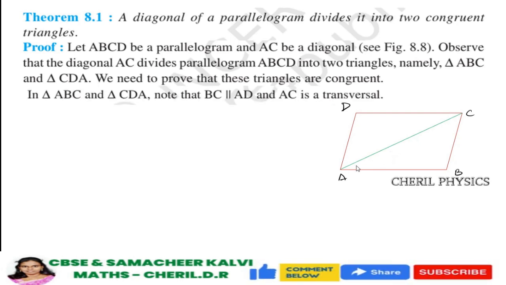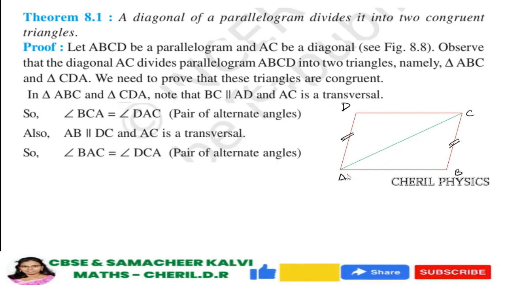Here we see that BC is parallel to AD and line AC is a transversal. In that case we are able to say about the pair of alternate angles. So angle BCA is equal to DAC. Likewise, angle BAC is equal to DCA.